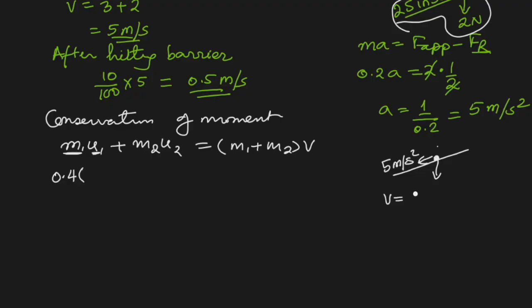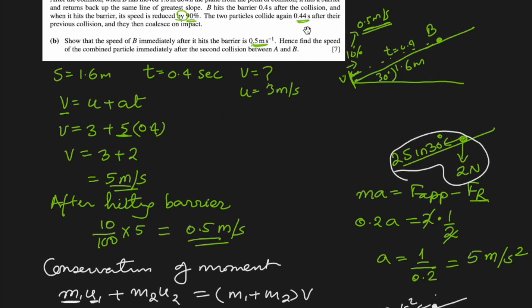So v equals u plus at. Before collision, what will be the speed of particle A? We know that after collision it was at 2.5. Acceleration will be 5, it is constant. It is independent of mass. And time for this is 0.44 seconds, right? 0.44 seconds after their previous collision.